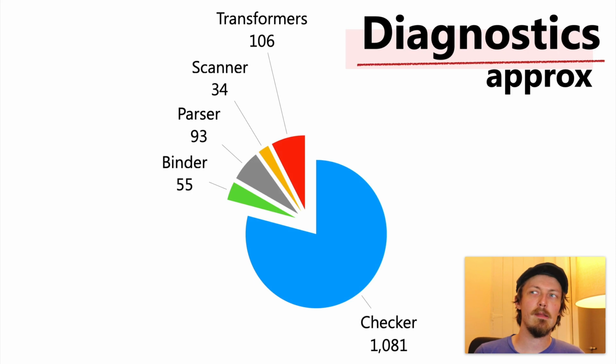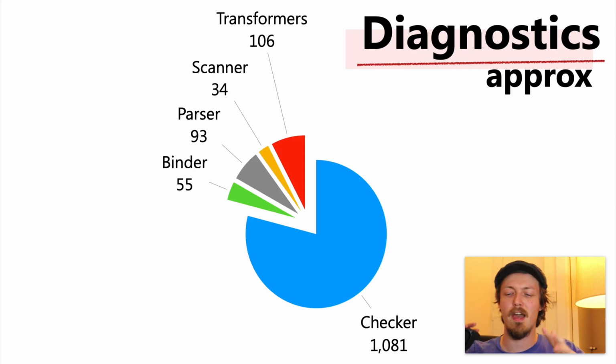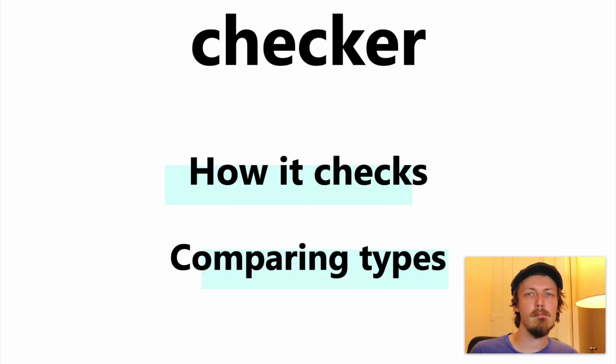What's interesting first for me was figuring out how much of the diagnostics that come out of TypeScript come from the checker, and it looks like the vast majority. The checker definitely dwarfs everything else, and it's in its name, these are conceptually checks, so it's doing great work. It has two main things that I want to focus on: how it checks structurally and how it compares types.